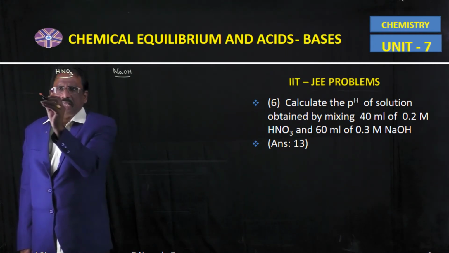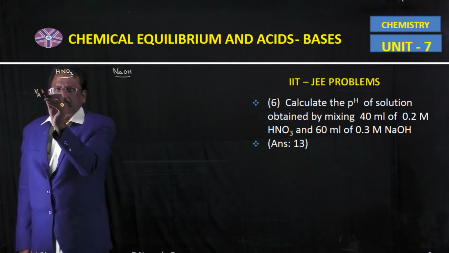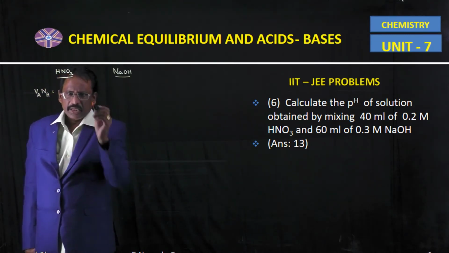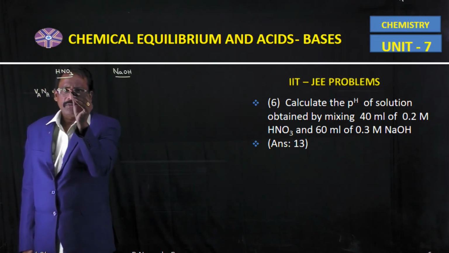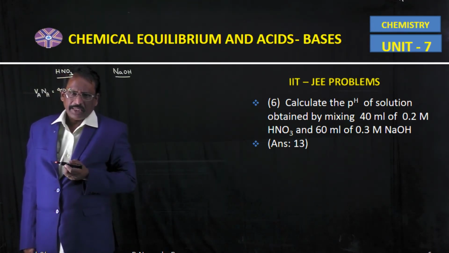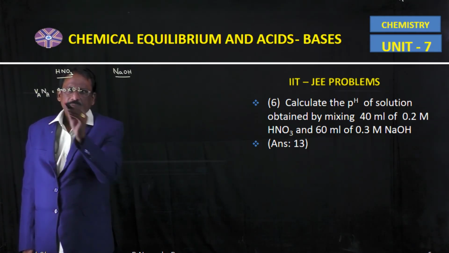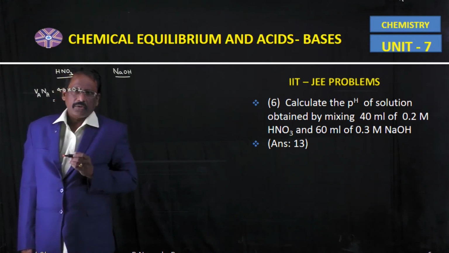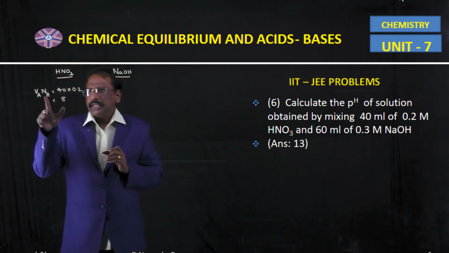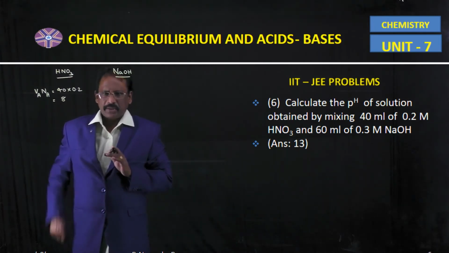In the case of an acid, milli equivalence of this acid is 40 ml volume into normality of nitric acid, 0.2 into 1. So this is equal to 40 into 2 by 10, that is equal to 8. So milli equivalence of nitric acid is equal to 8.